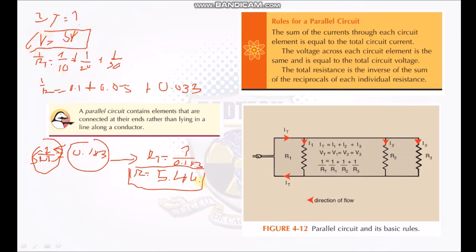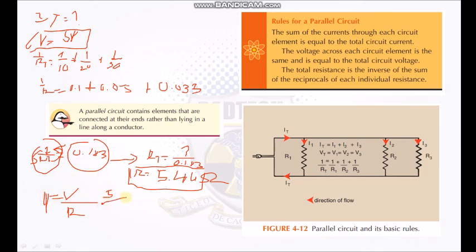You also have the resistance, 5.46 ohms. So try to compute for the IT. The formula for that is I is equal to V over R. So I should be equal to V. How much is the V? That is 5.